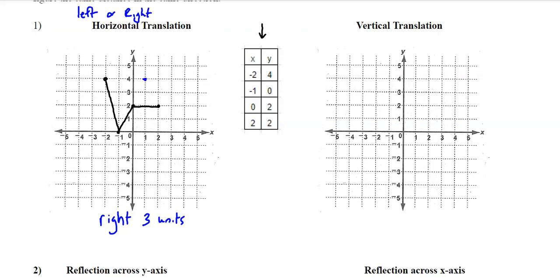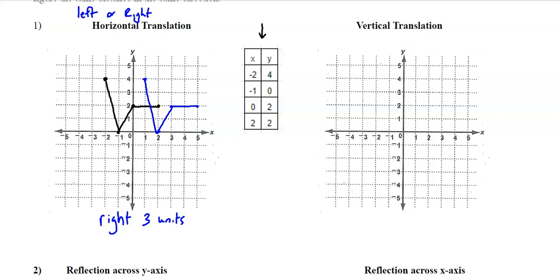And this bottom of the V is going to get moved 3 to the right. And then the point on the x-axis is going to get moved 3 to the right. And then the point at the very furthest right side is going to get moved 3 to the right. And I end up with this shape. So it should be the exact same shape, just moved 3 to the right.